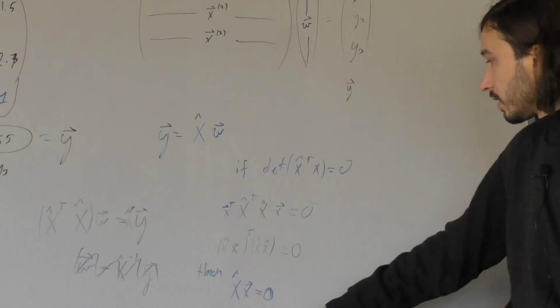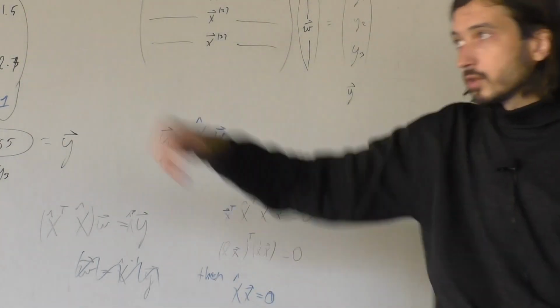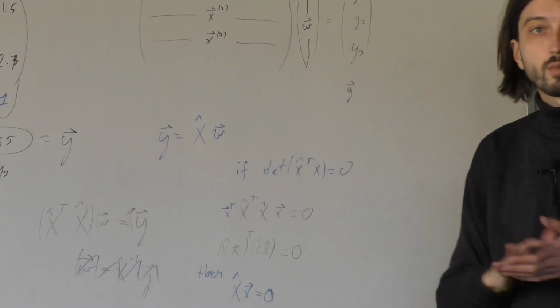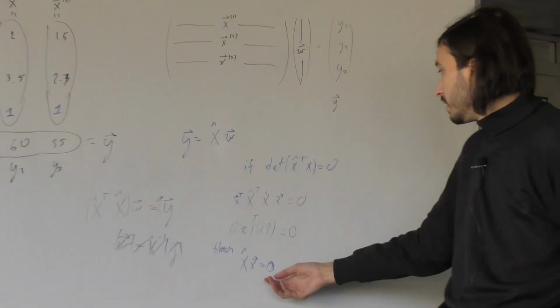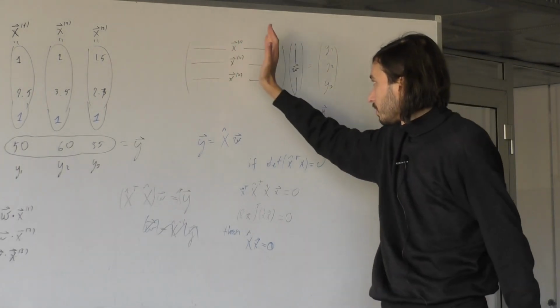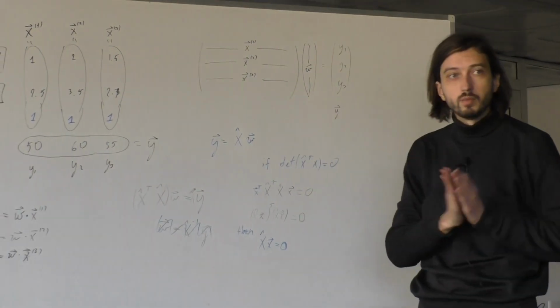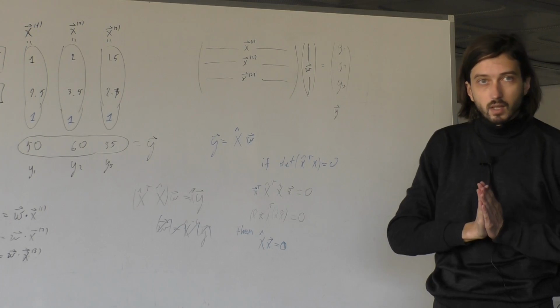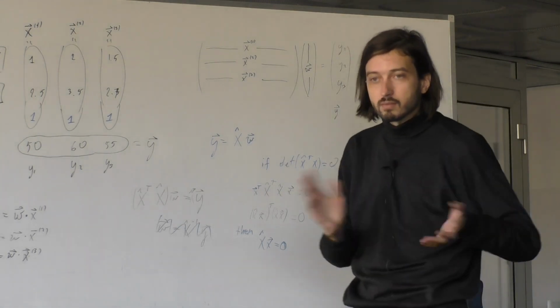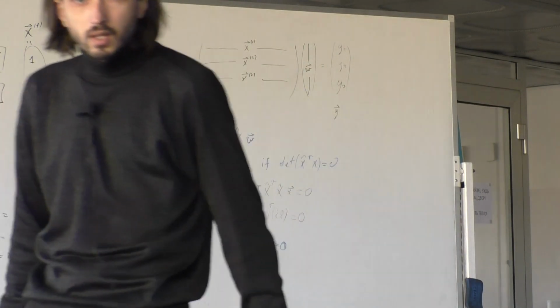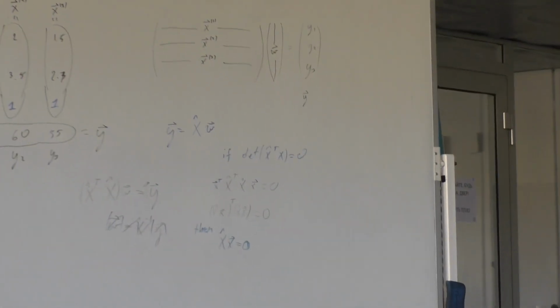From the analytical point of view, your formulae stop working. And if you do it the numeric way, the closer some columns of this matrix are to being linearly dependent, the more trouble you have when calculating. Your numbers are getting not good, let's say.